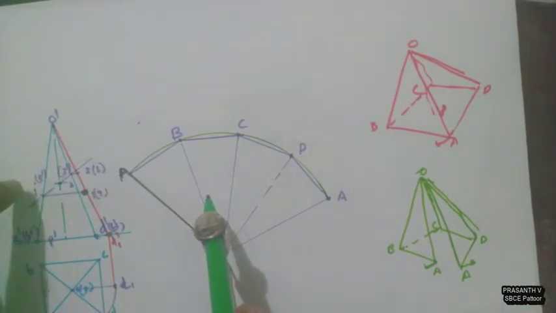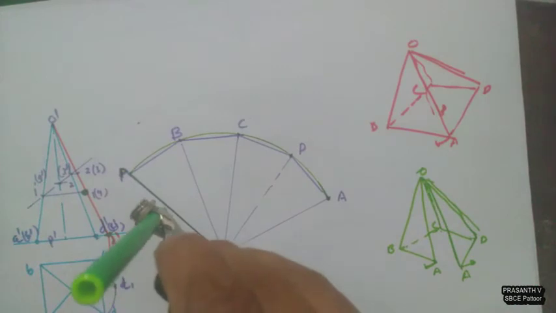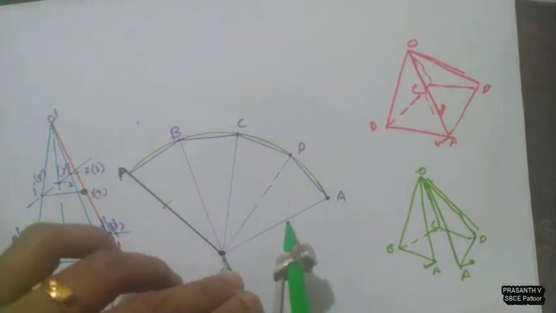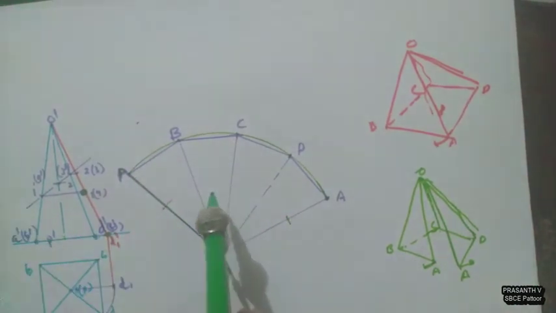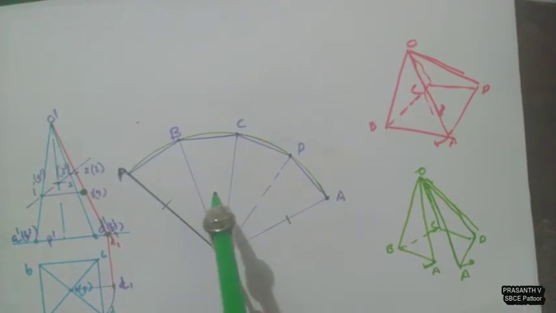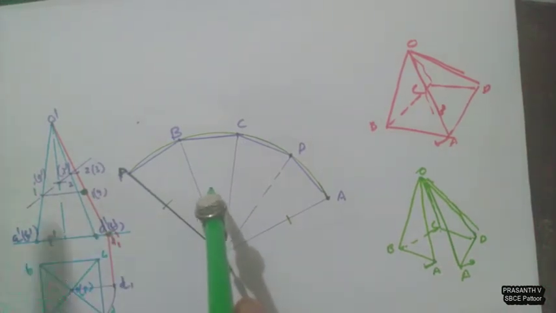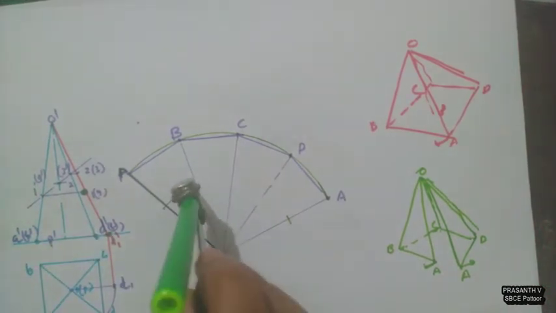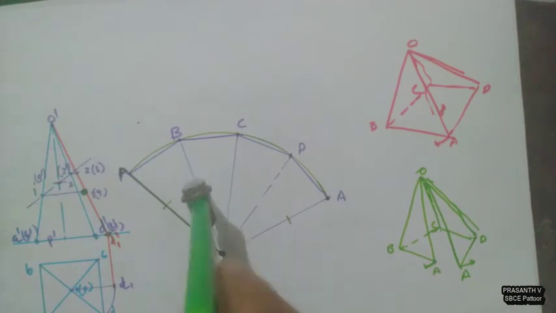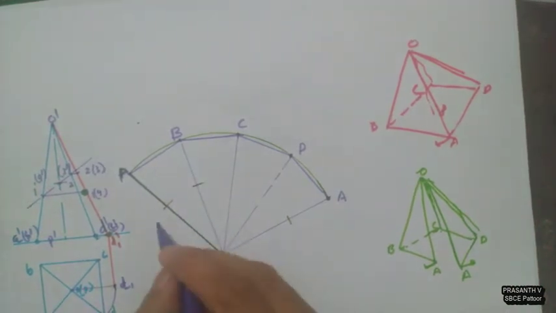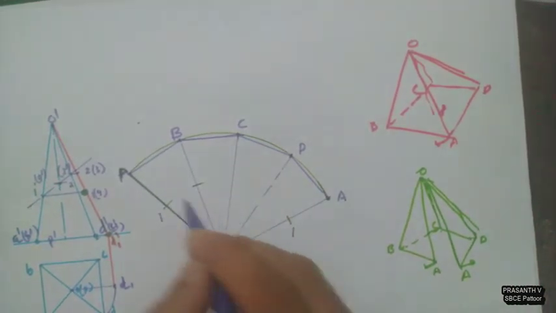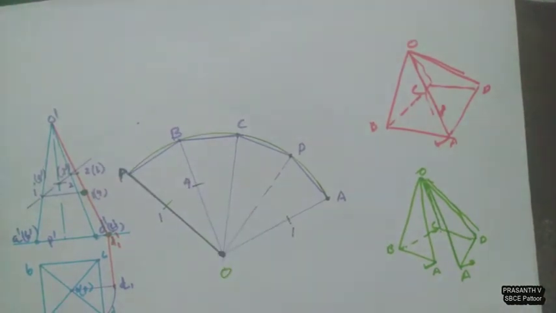I got point 1 on OA. So here this will be 1, this will also be 1, because there are 2 OA. Again 4 is also the same distance, but 4 is on line OB. So this will be 4. I can mark this is 1, 1, here it is 4.